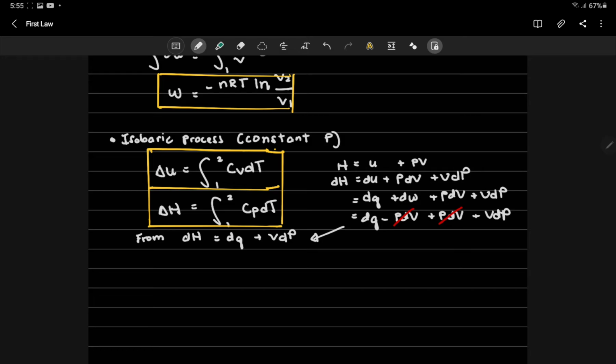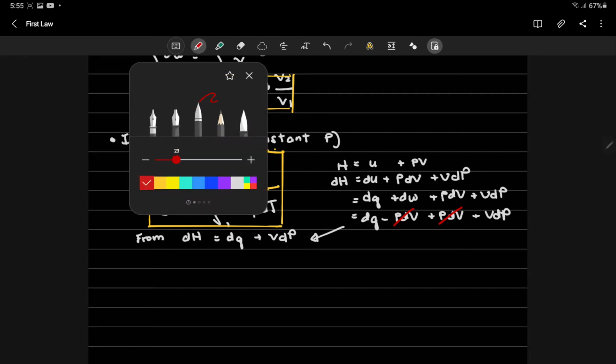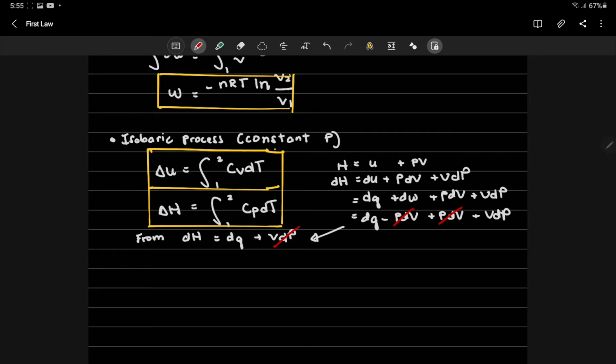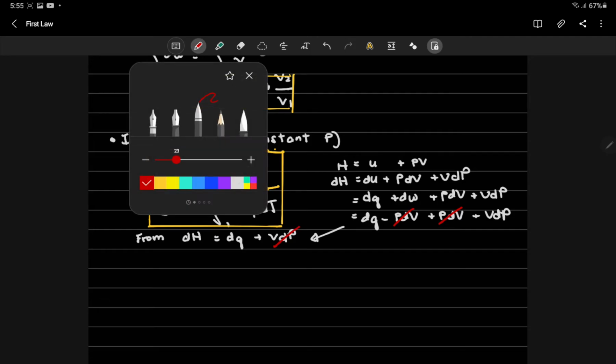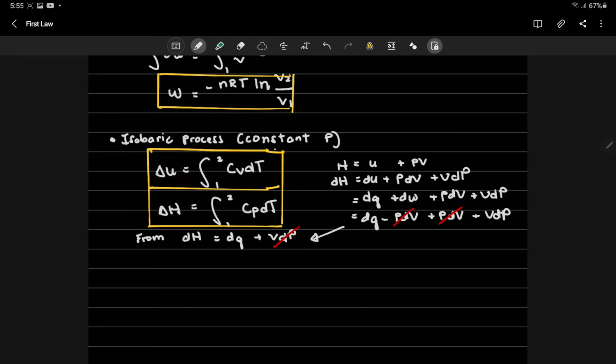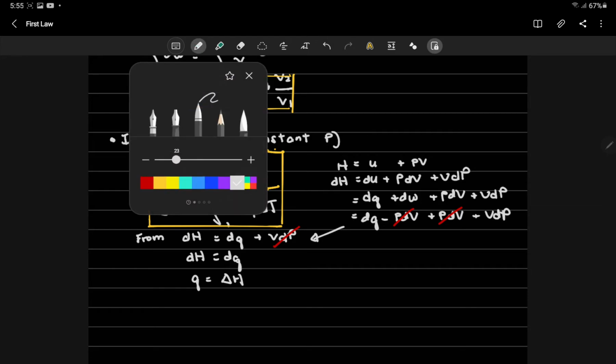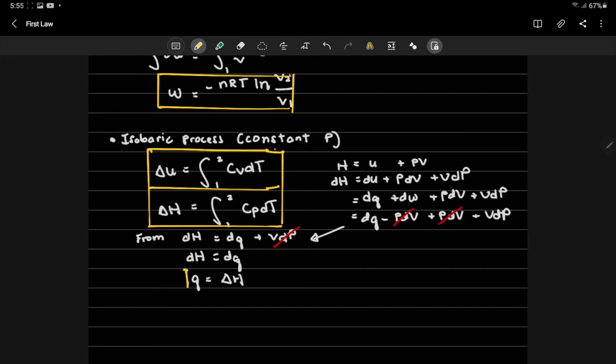Okay. However, sinasabi nga natin, for isobaric process, constant si pressure. So, kung constant si pressure, makakancel mo tong VdP na to. So, ang natitira, therefore, is dH equals dQ. So, if you integrate this, ang mangyayari, Q will be equal to delta H. So, that's how you obtain the third relationship.